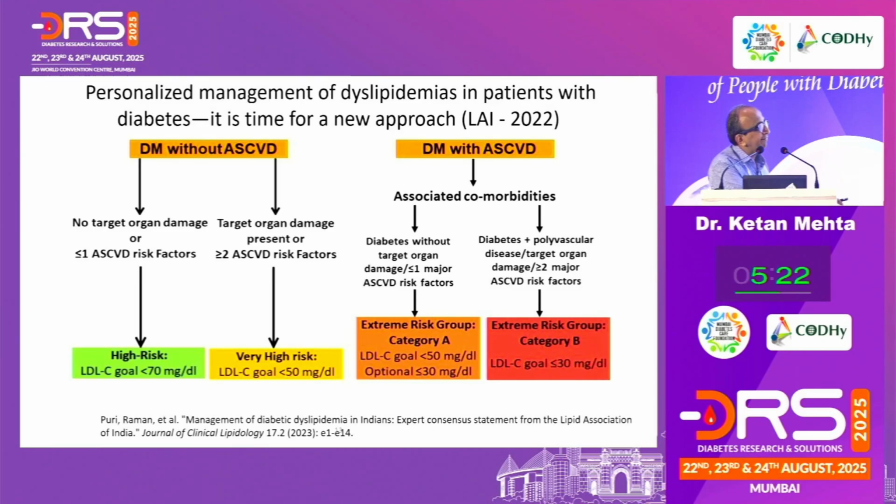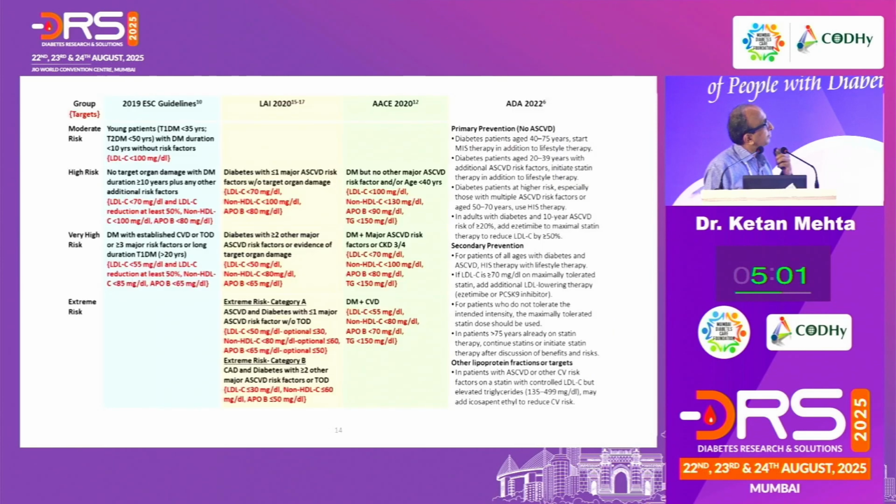And now for the very first time, there is an additional group, diabetes with polyvascular disease or target organ damage. Somebody who had a stroke in the past or an acute coronary event in the past comes in extreme risk group category B, where the LDL goal is less than 30. This is what we are looking at.